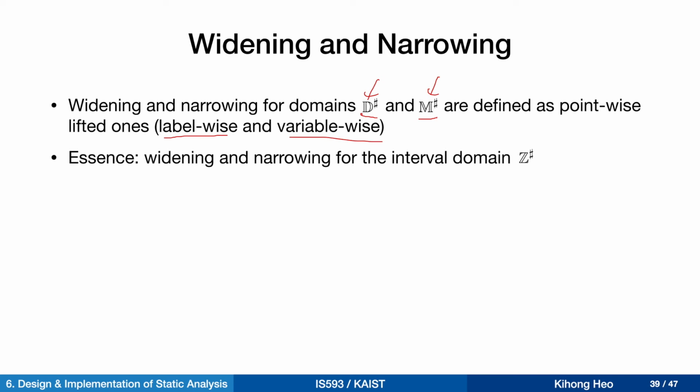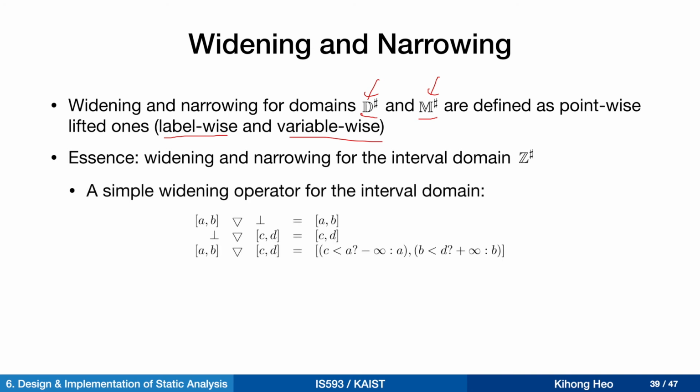Okay. Then let's define a simple widening operator for the interval domain. The first two cases are obvious, so let's take a look at the last case. This simple widening operator behaves like this. It first checks whether the upper bound is increasing or not. And if the upper bound is increasing, then it directly uses plus infinity as the new upper bound.